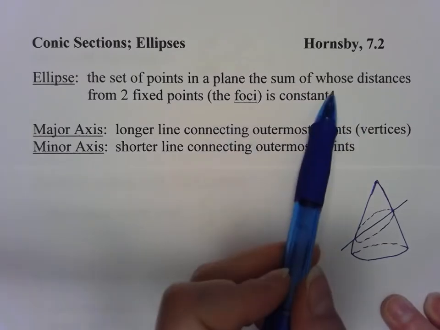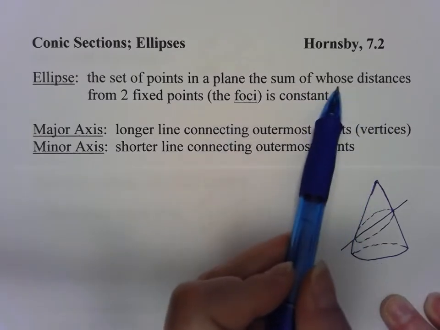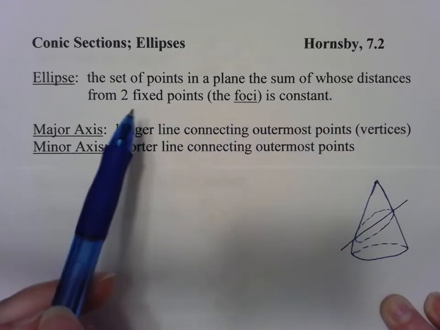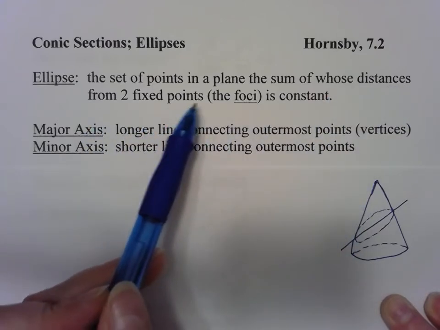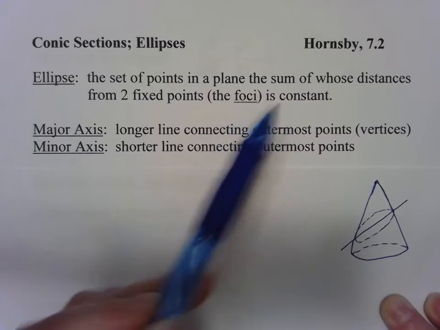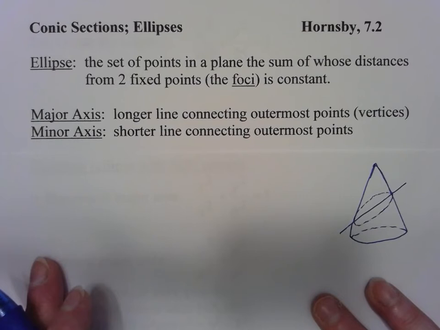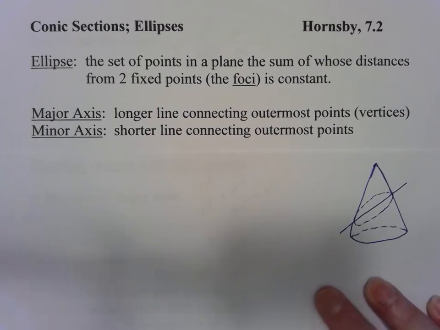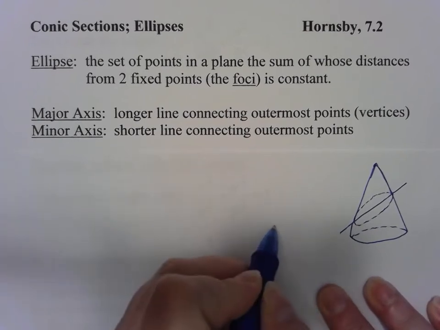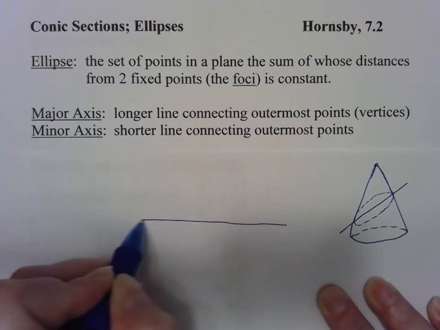And so I'd like to draw out for you what the rest of this means, whose distances from two fixed points is constant. So I'm going to draw out an ellipse just as an example, and then we'll label it to go along with the formulas that we're going to put up in just a second.